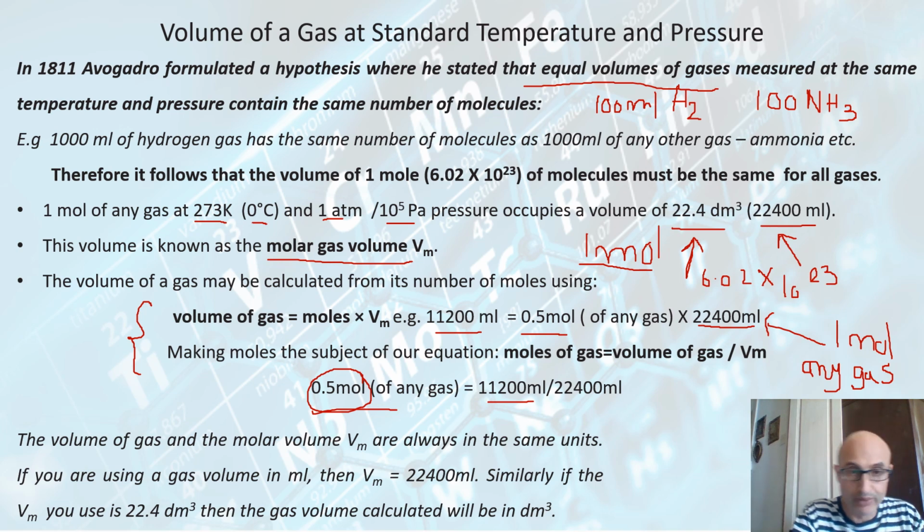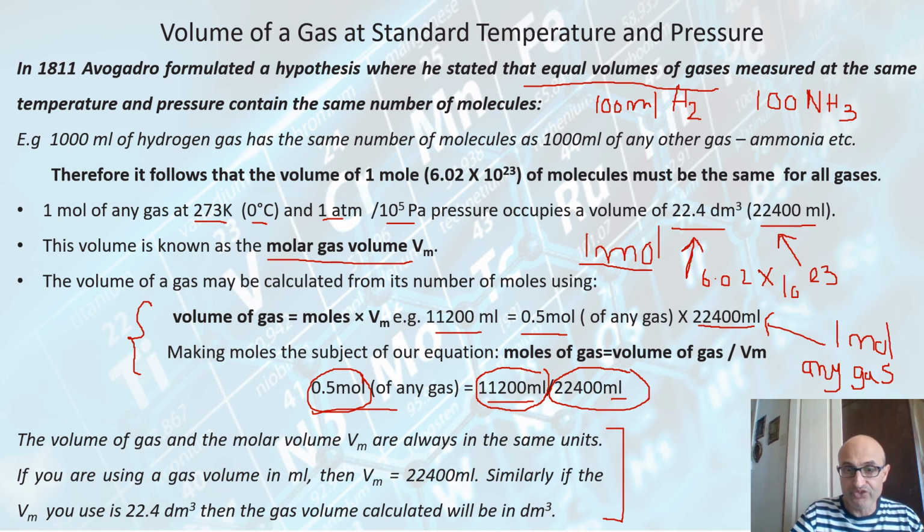Now it's very important to note this. I've put it in italics over here so you don't get confused. If you are going to use mils to describe the volume of 1 mole of molecules, then make sure that in your numerator the unit that you use is also mils to describe the particular gas volume that you are dealing with.